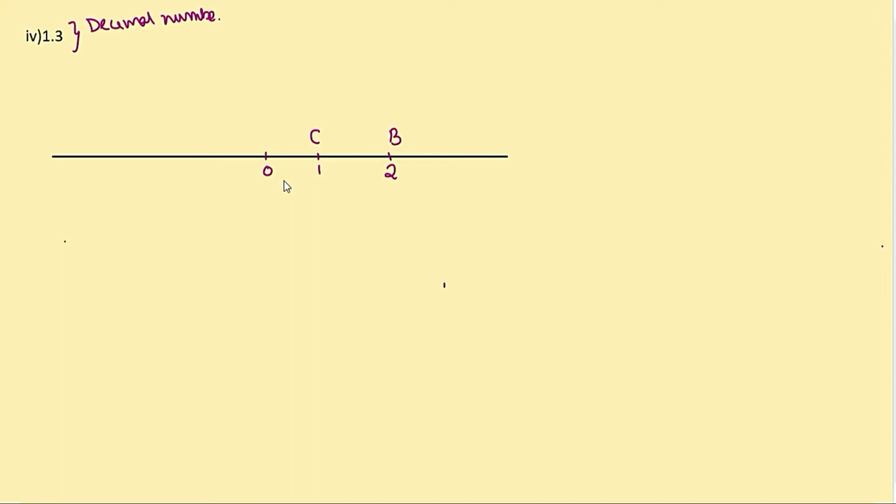Okay, so now here you divide it into 10 equal parts. 1, 2, 3, 4, 5, 6, 7, 8, 9, 10. Okay, so 1.3 means each part represents 1.1, 1.2, 1.3. So this is the exact point of 1.3.